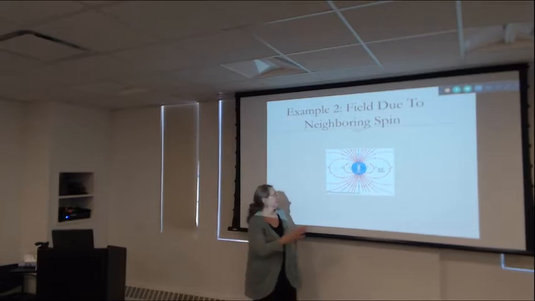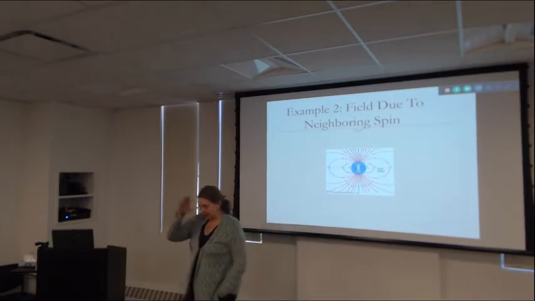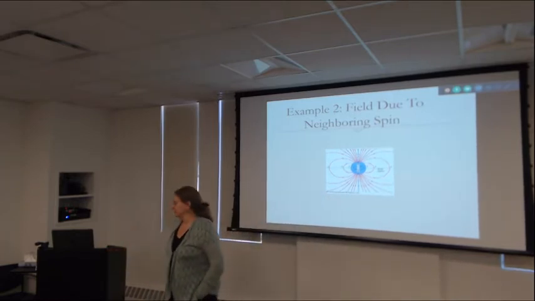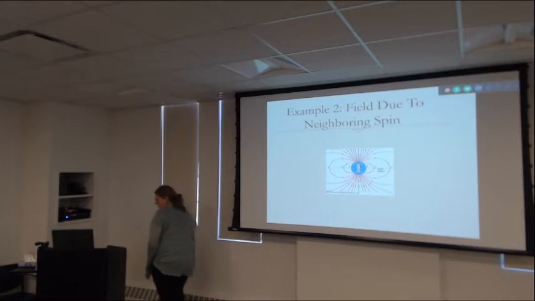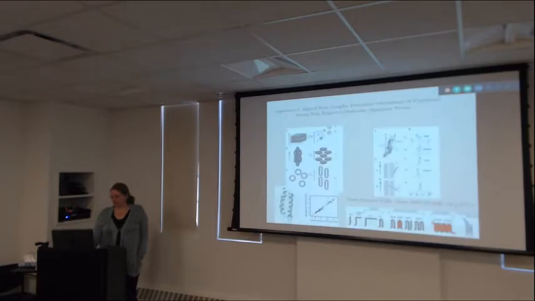Okay? So I'm going to be a probe spin, and there's an angular dependence with respect to my neighbor. We want the mathematics to describe that. We want to understand what are the circumstances that make all that average to 0, and anything else that we need to know about its spatial characteristics.